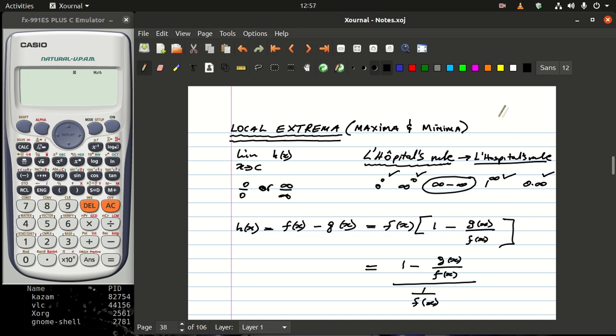What is basically happening here is that this converts the denominator, so we have an infinity in the denominator of the denominator. If you plug the infinity in, you get 1 over infinity, which is going to be 0.